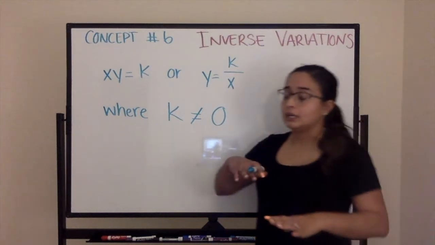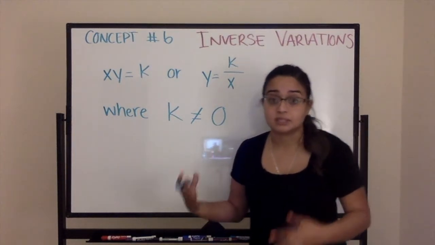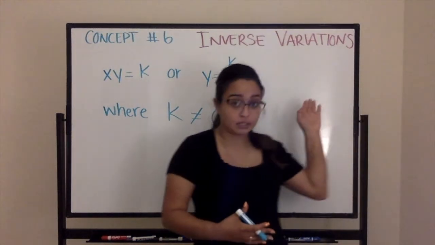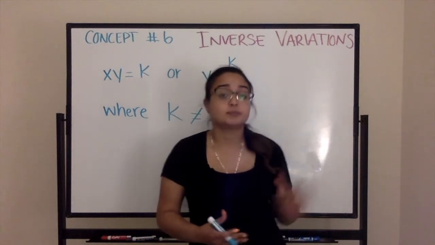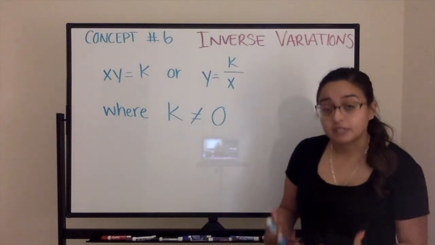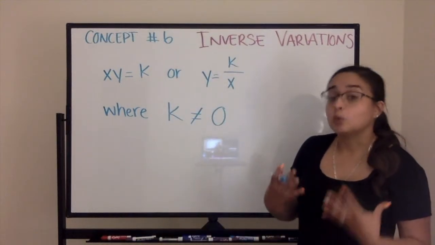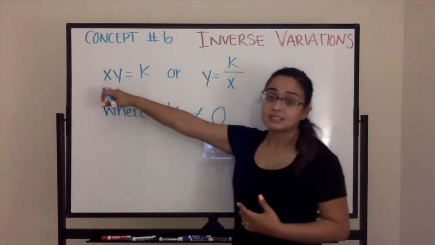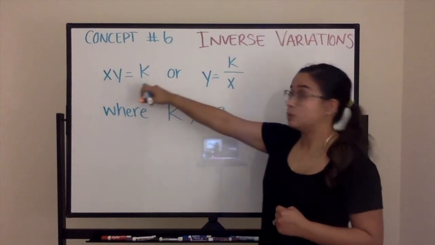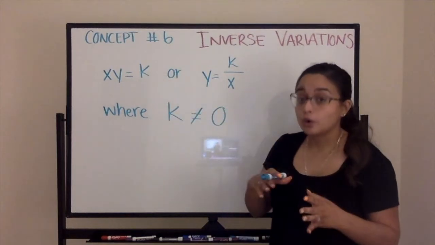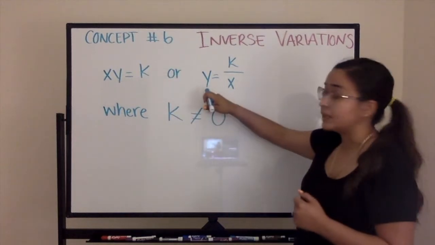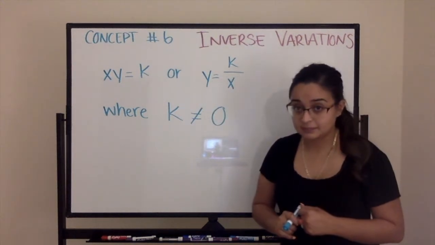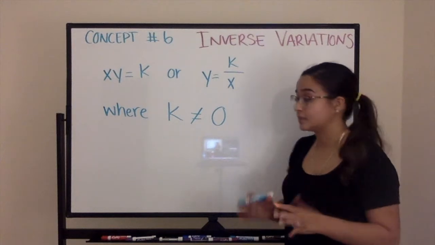So the places where they're at is the places that they will normally be when I'm talking about inverse variations. An inverse variation is an equation that is in this form of x times y is equal to k, or y is equal to k divided by x. Okay? Follow me up to there?